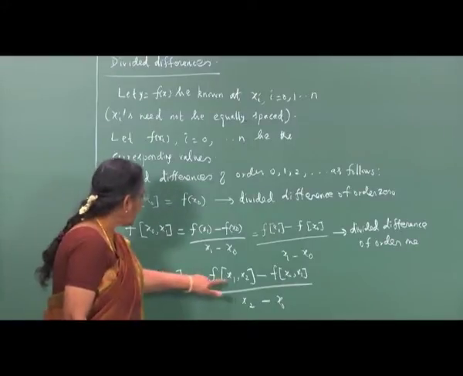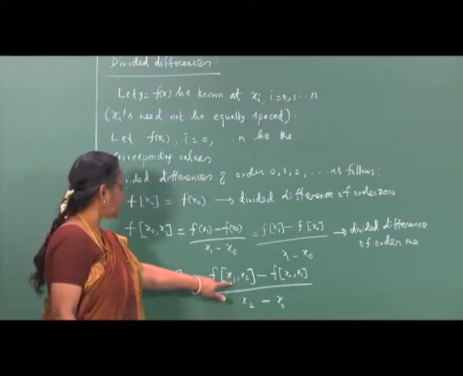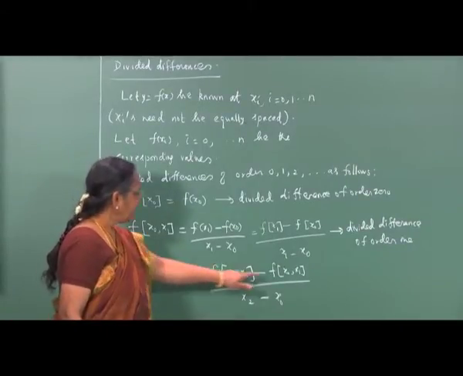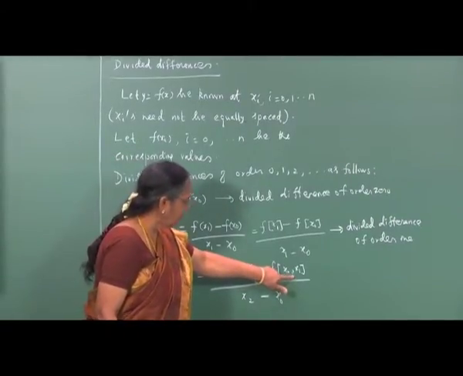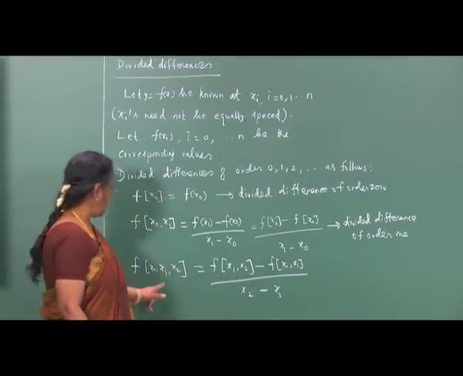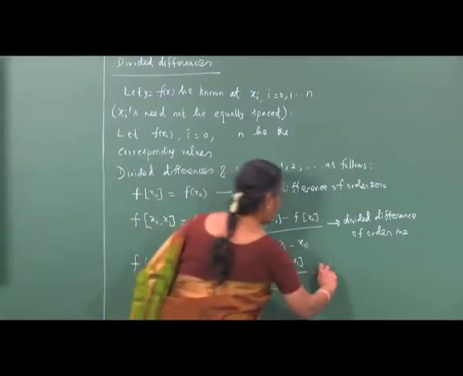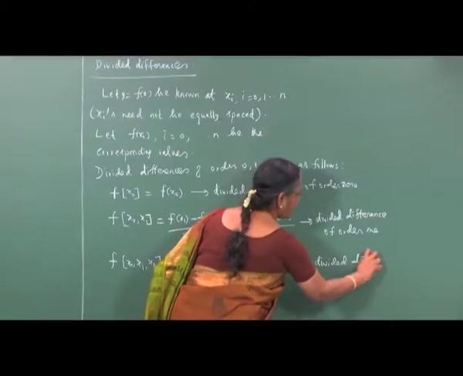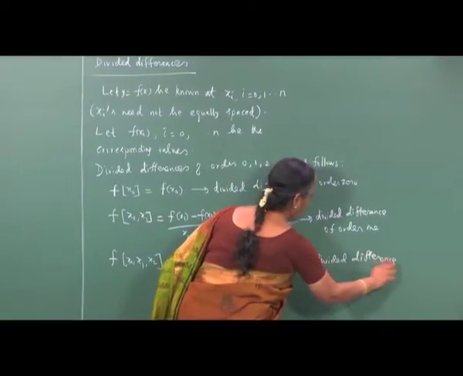And we have just now constructed the divided difference of order 1. So, we use that definition here, and write down what the divided difference of order 2 is. So, this is divided difference of order 2.